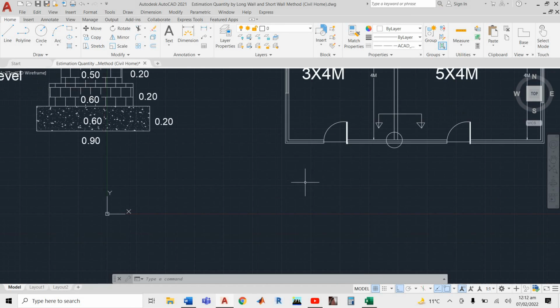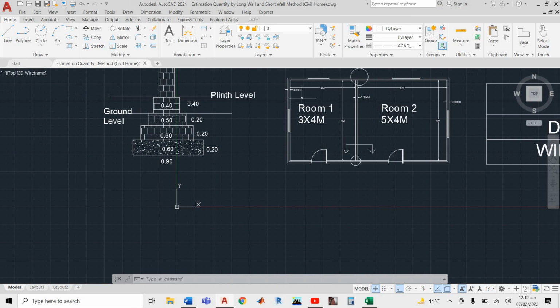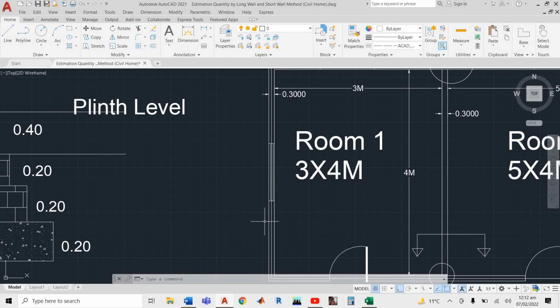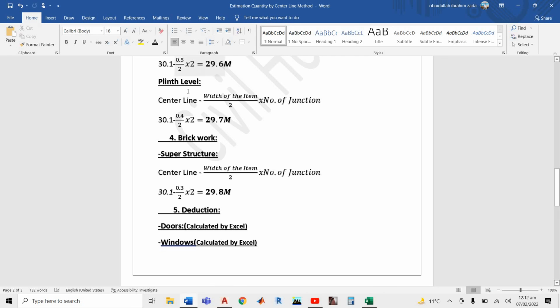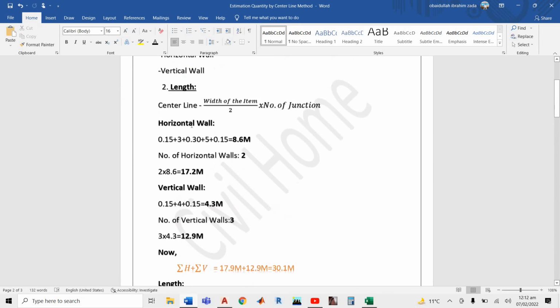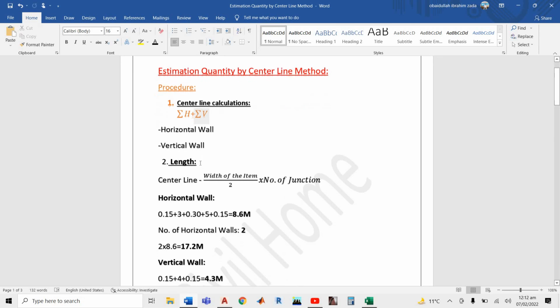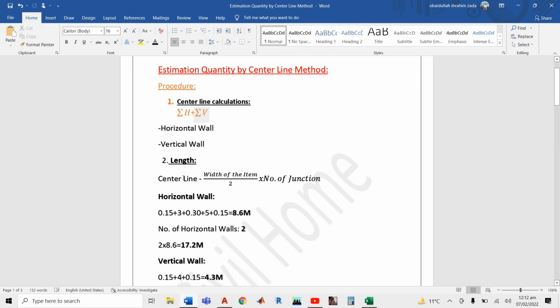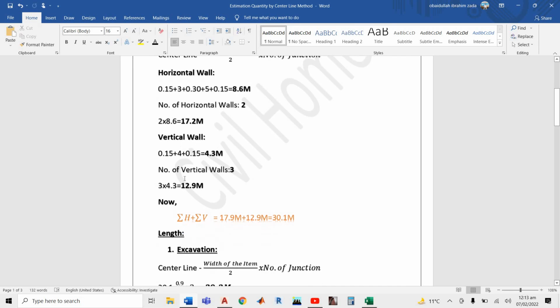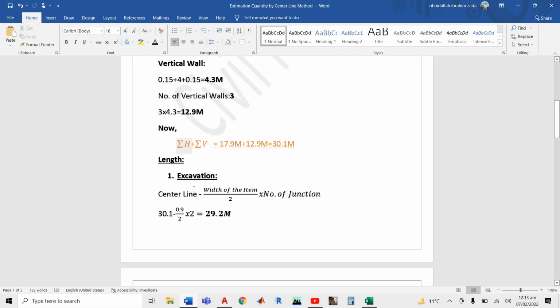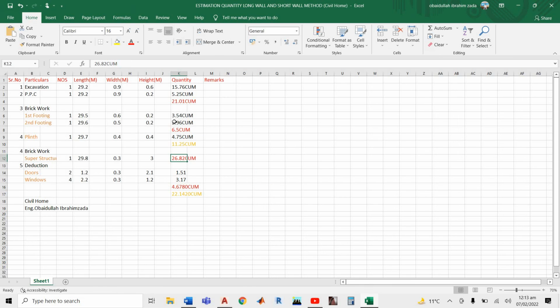And for vertical wall, 0.5 plus 4 plus 0.5. And then sum your vertical line and horizontal line, okay, and we get the total length of center line in horizontal and vertical wall. Then you have to find the length in every particular. Center line minus width of the item, divided by 2, multiplied by number of junctions, and center line will be the same in every particular. Then you have width and height on your plan. You just have to find the length, and then in here you find the quantity.